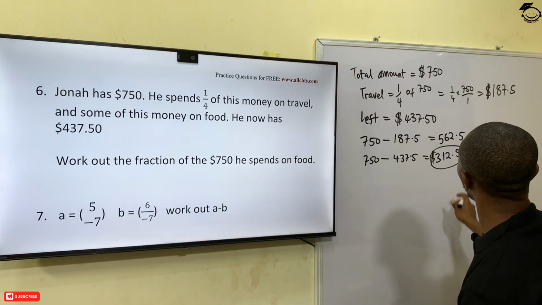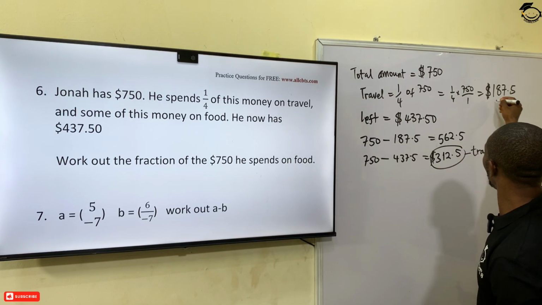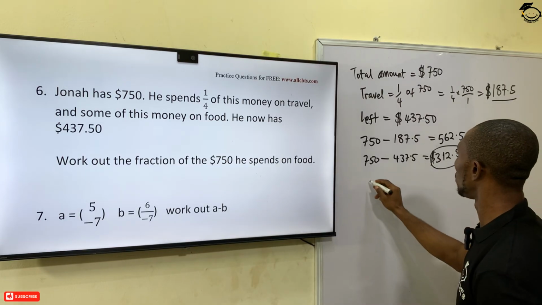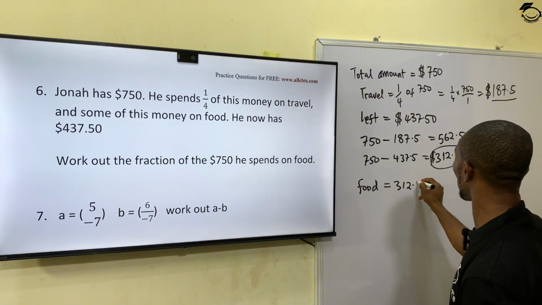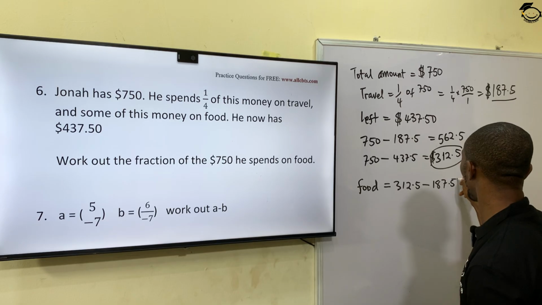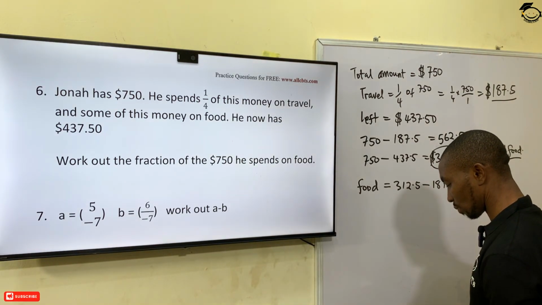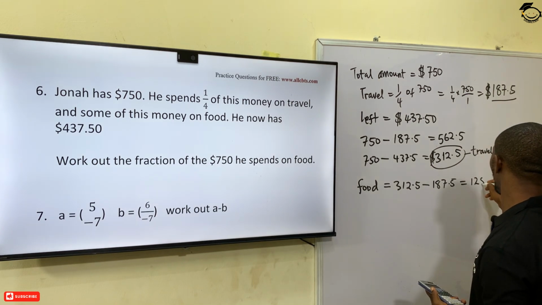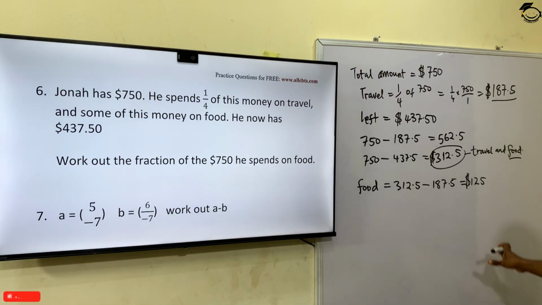So for us to find how much he spent on food only, we would subtract that of travel from this. So for food, we have 312.5 minus 187.5, which gives us 125. That means he spent $125 on food.